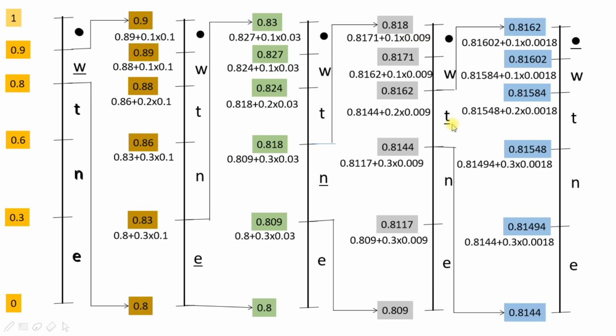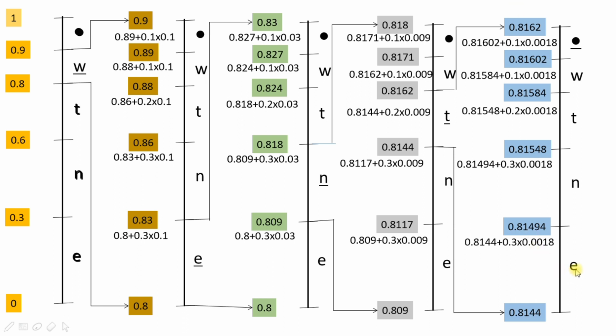Then the next letter to be encoded is T. Therefore you can put one underline here. Therefore now this interval 0.8144 and 0.8162 will be divided into 5 different intervals. So this 0.8144 will come here and 0.8162 will come here. So now this interval will be divided.